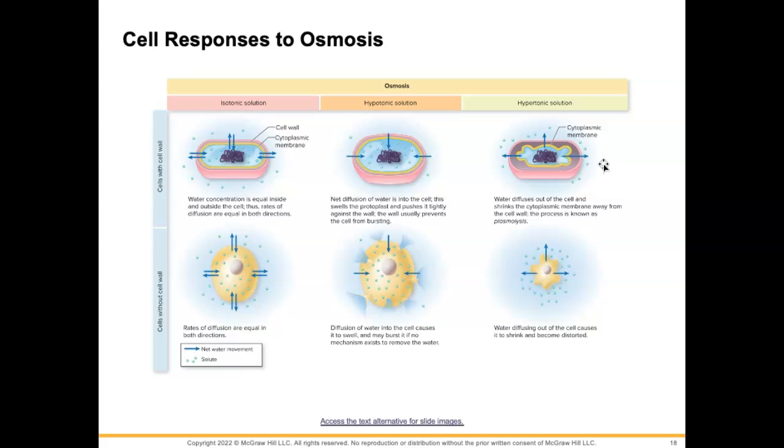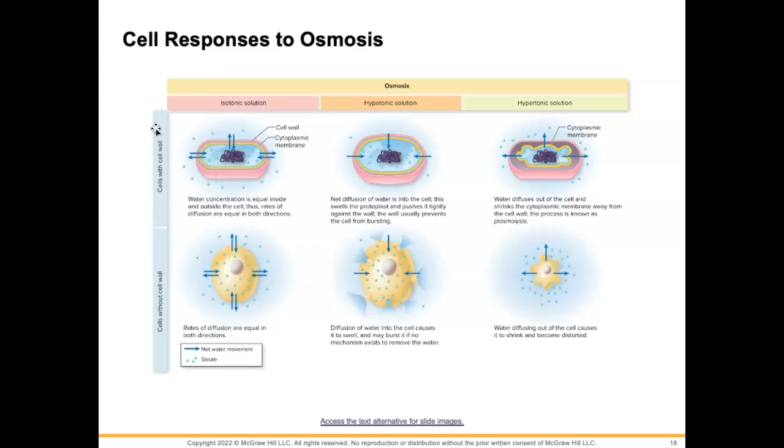In a cell wall scenario, water diffuses out of the cell and shrinks the cytoplasmic membrane away from the cell wall, and the process is known as plasmolysis. That is also going to be tough for the cell to survive. In a regular cell without a cell wall, the water diffuses out of the cell, causing it to shrink and become distorted. We call it crenation, like in human blood cells.